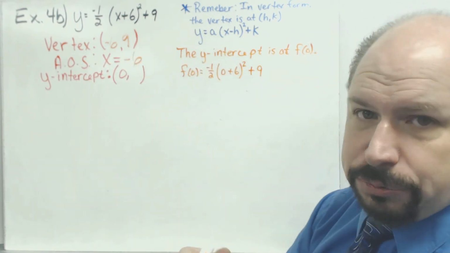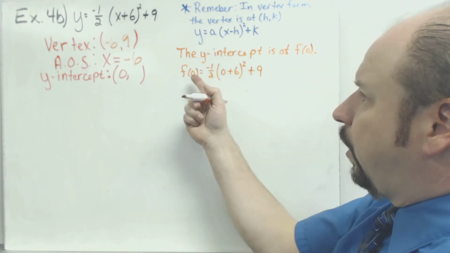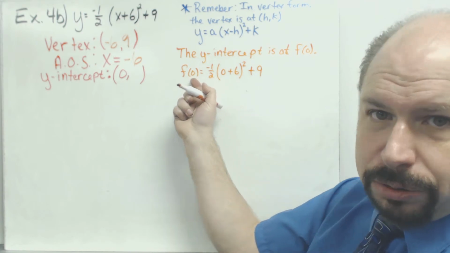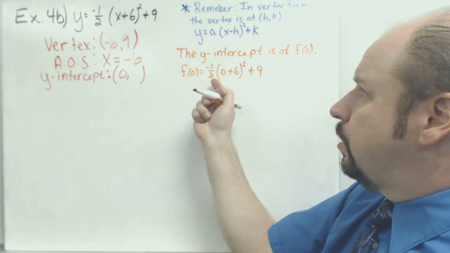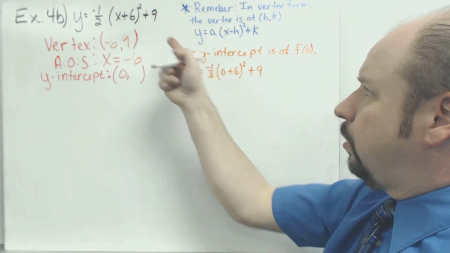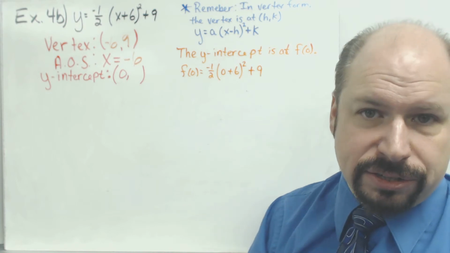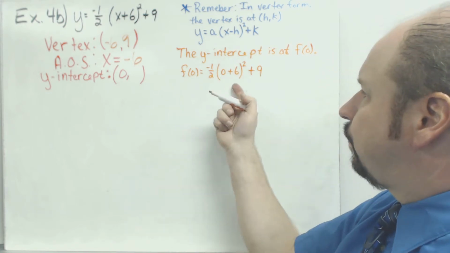And our y-intercept, well, remember our y-intercept happens when x is 0. So if we find f of 0, we're just going to put in 0 for x. So negative 1/2 times 0 plus 6 squared plus 9. Okay, 0 plus 6 is 6. 6 squared is 36.